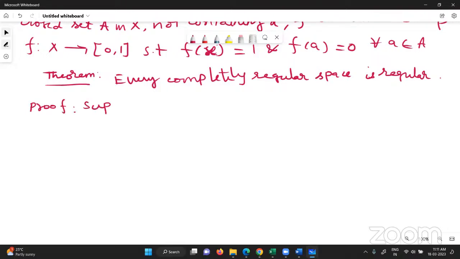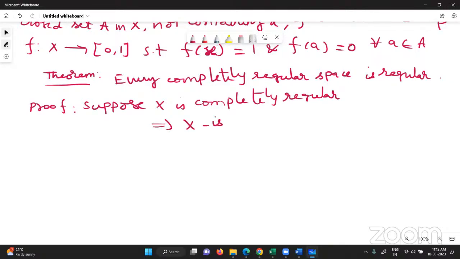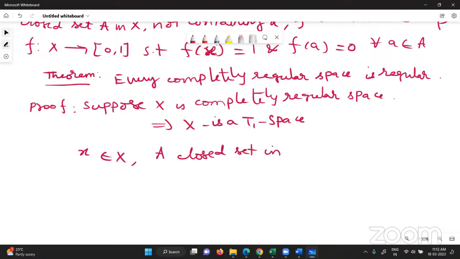Suppose X is completely regular, which means X is a T1 space. Every completely regular space is a T1 space. Now see, you take one element x belonging to X and A a closed set in X not containing x.